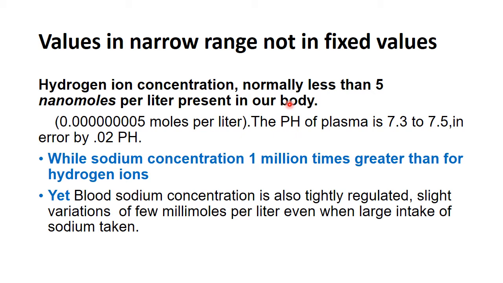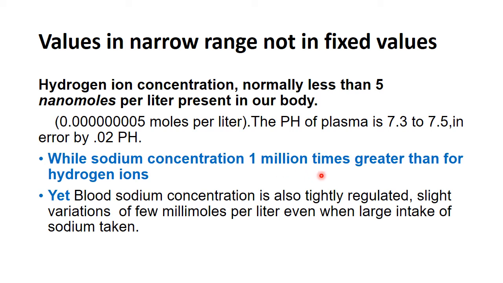This is responsible for the pH of plasma, which ranges from 7.3 to 7.5 with an error of 0.02 pH. While the sodium concentration varies around 142, the concentration of the sodium ion is 1 million times greater than the hydrogen concentration.